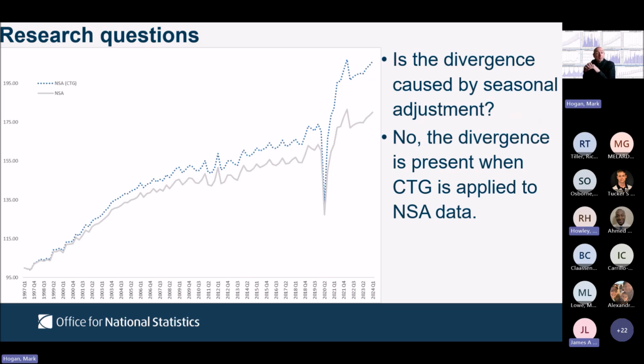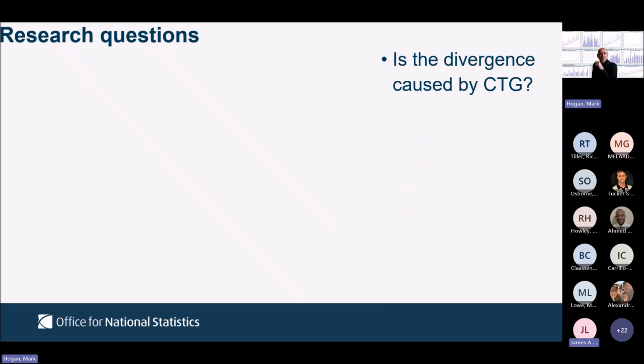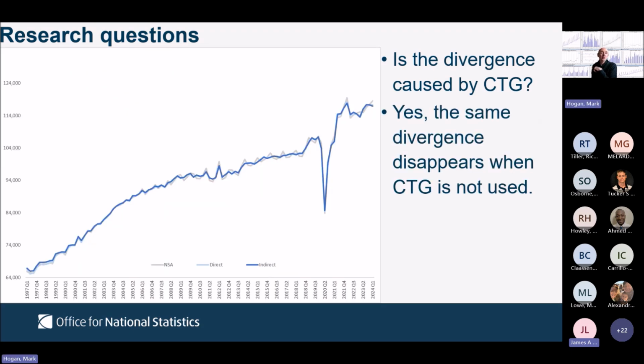And this was quite telling because it showed that I get the same divergence even when I apply the contribution to growth method directly to the non-seasonally adjusted series. So my final research question was then whether this is being caused by the contribution to growth method. So I applied seasonal adjustment as I did before, but without the contribution to growth, and there was no divergence.